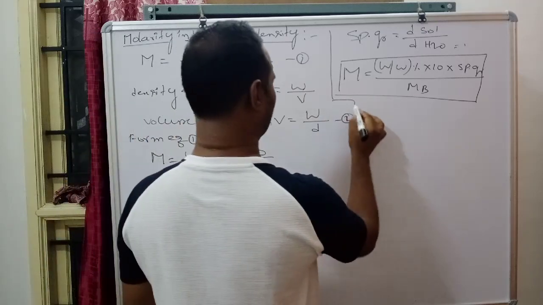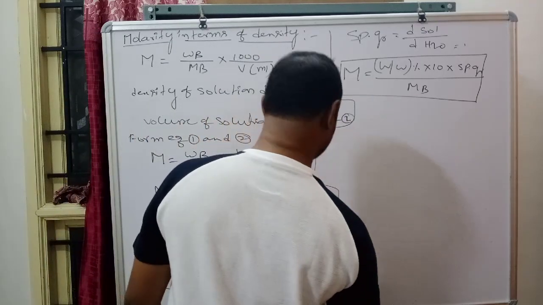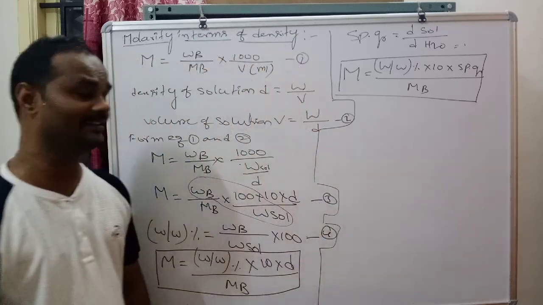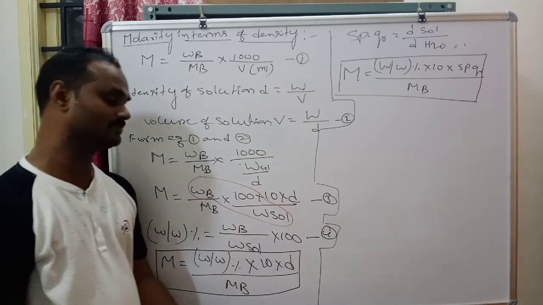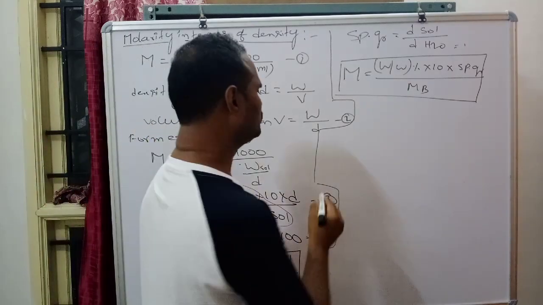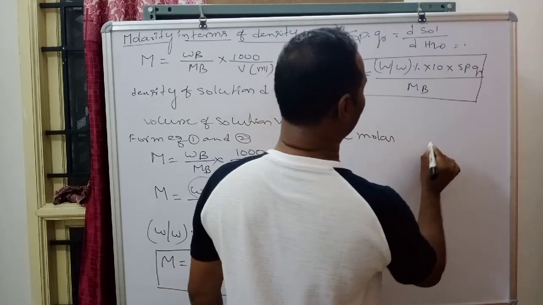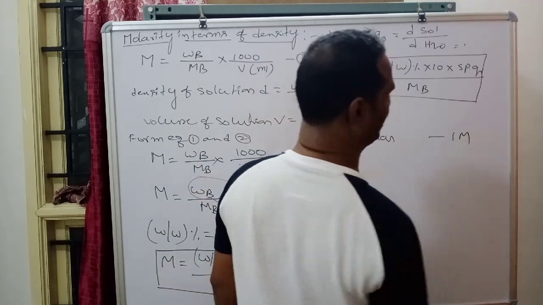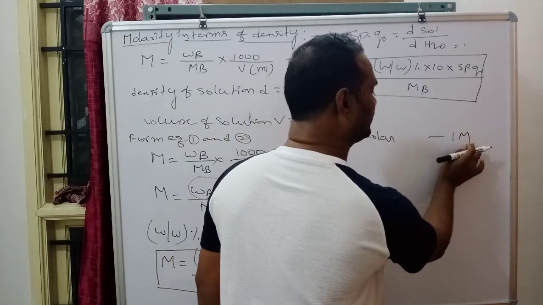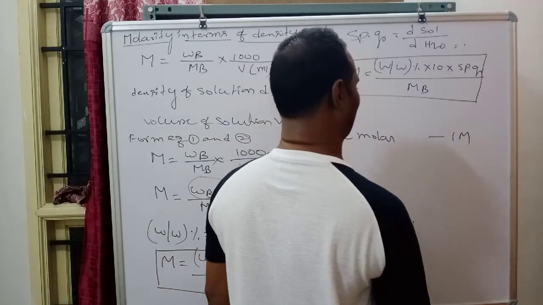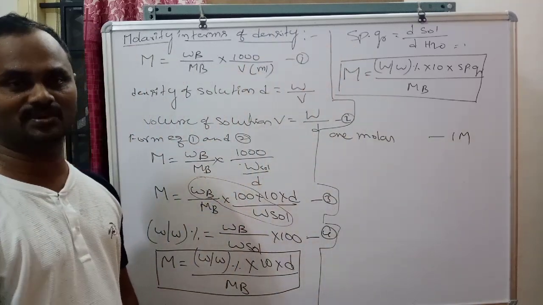Next one, generally you see, sir, for some concentrations, instead of molarity values, they use some terms. What is that? 1 molar solution. 1 molar means the concentration is 1 M. Capital M indicates molarity, that is 1 mole of solute present per 1 liter of solution.